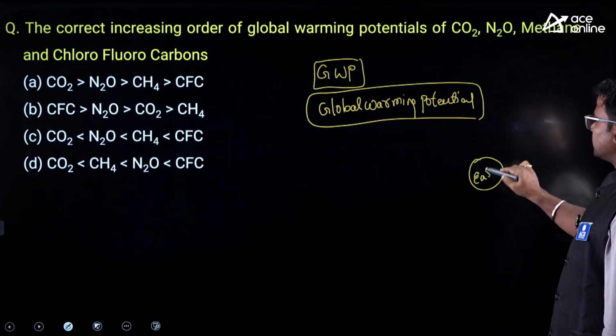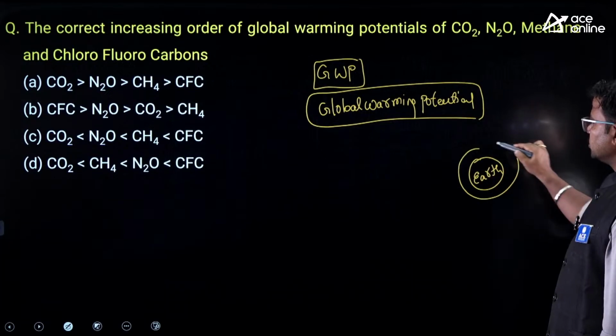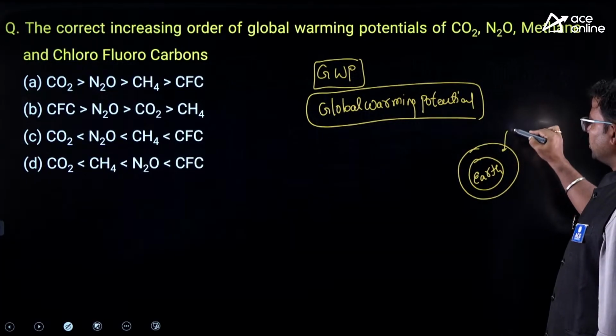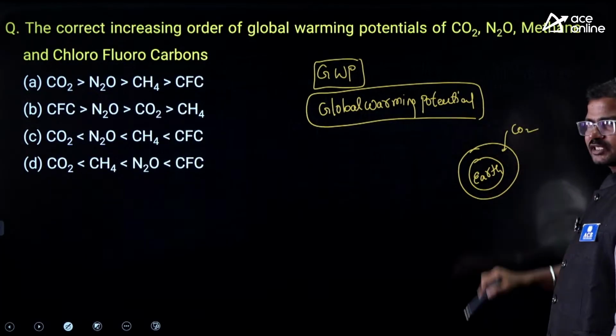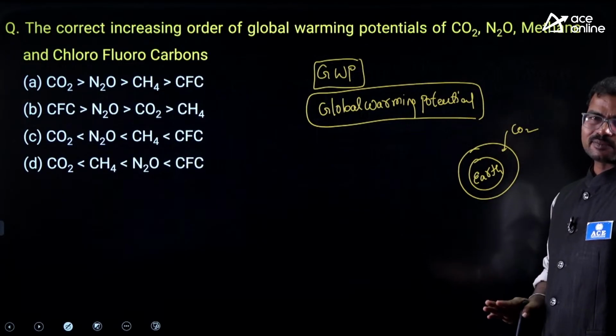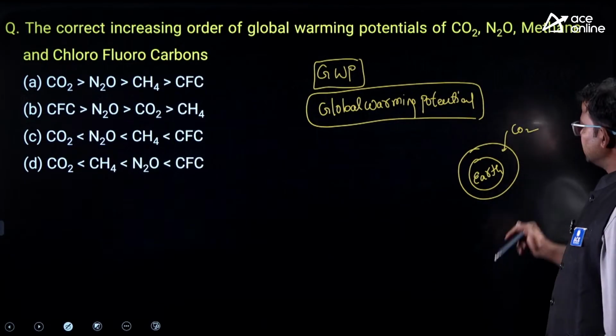Here it is the planet Earth. In this atmosphere we should fill carbon dioxide. First, just for the sake of convenience, it has only carbon dioxide. Let's consider it like that.